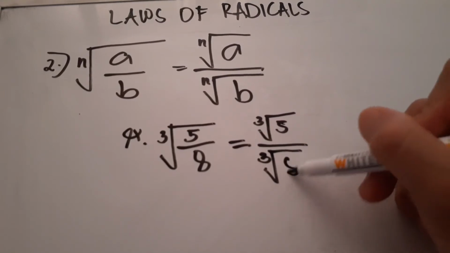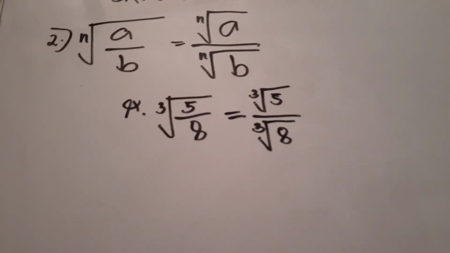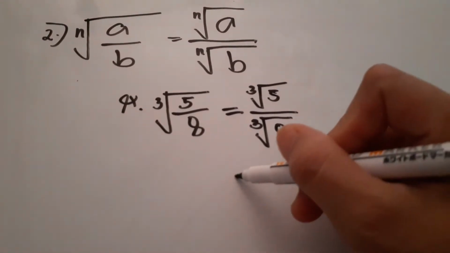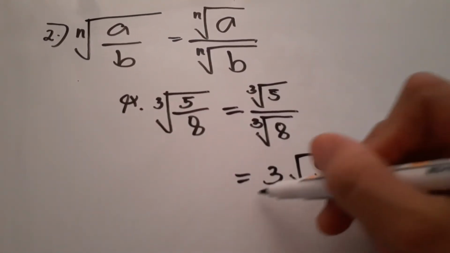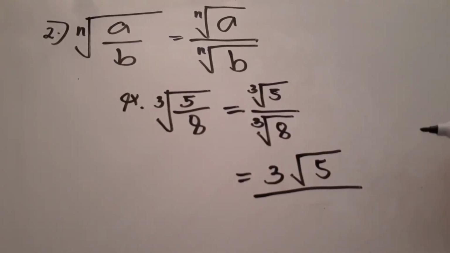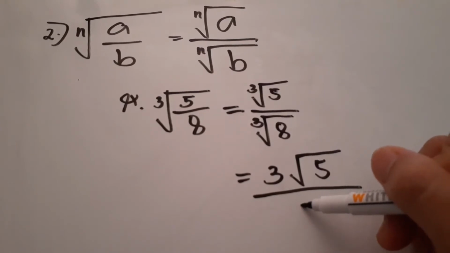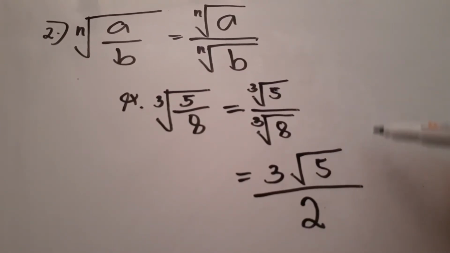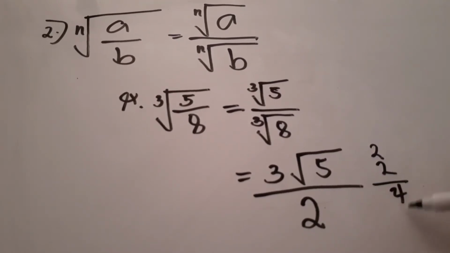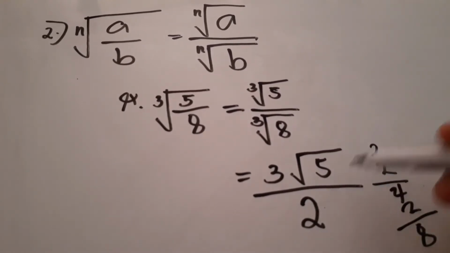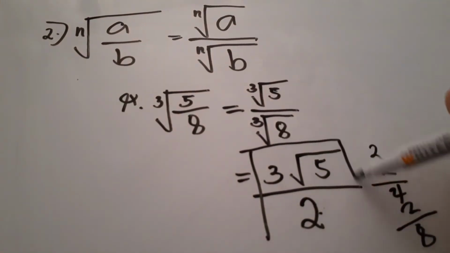The cube root of 5 is not a perfect root, but the cube root of 8 is a perfect root. So we have the cube root of 5 over the cube root of 8, which is equal to 2, because 2 times 2 times 2 is equal to 8, and this is the answer.